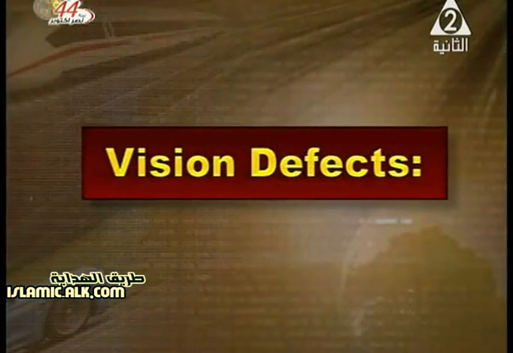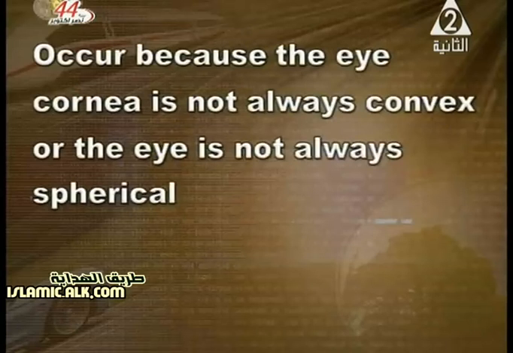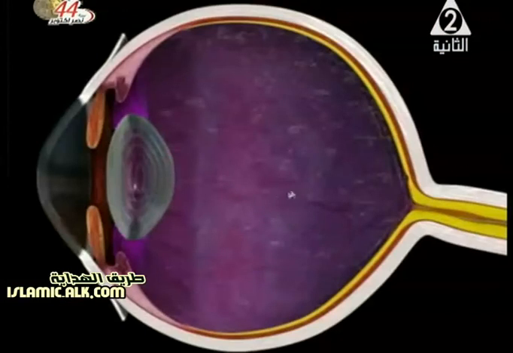Vision defects occur because the eye cornea is not always convex or the eye is not always spherical. This is the cause of vision defects. This is the structure of the eye, formed of cornea, convex lens, and the retina.